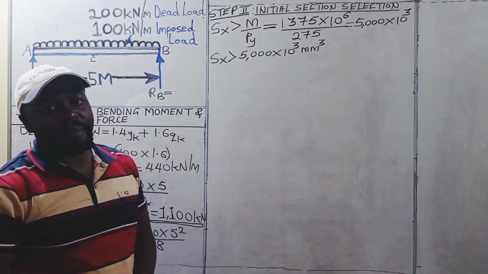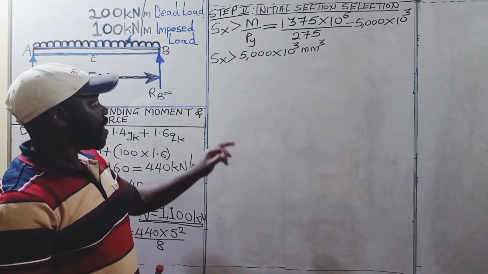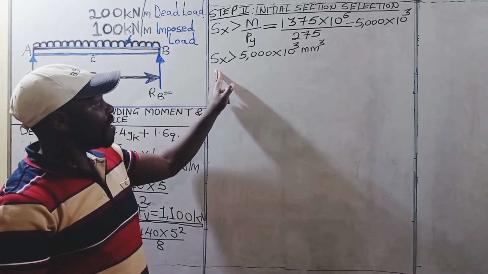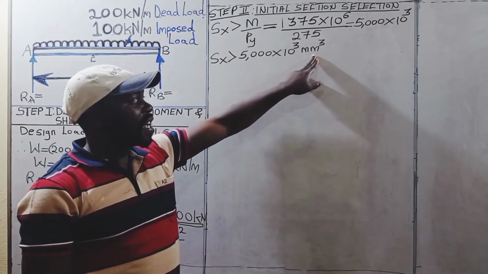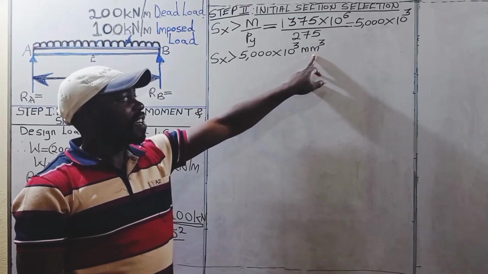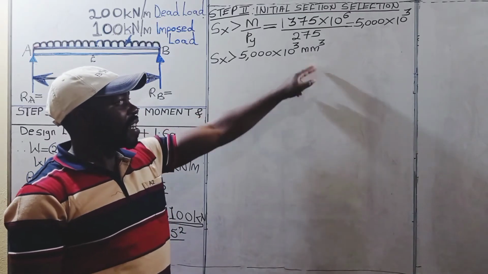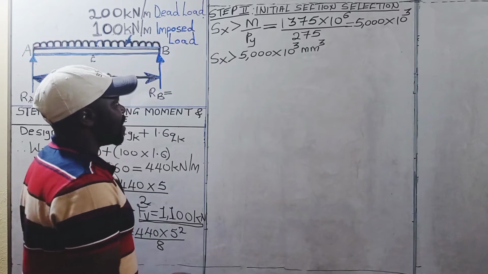We learned that from Appendix B, the plastic modulus is usually given in cubic centimeters. Therefore, you need to convert cubic millimeters to cubic centimeters.